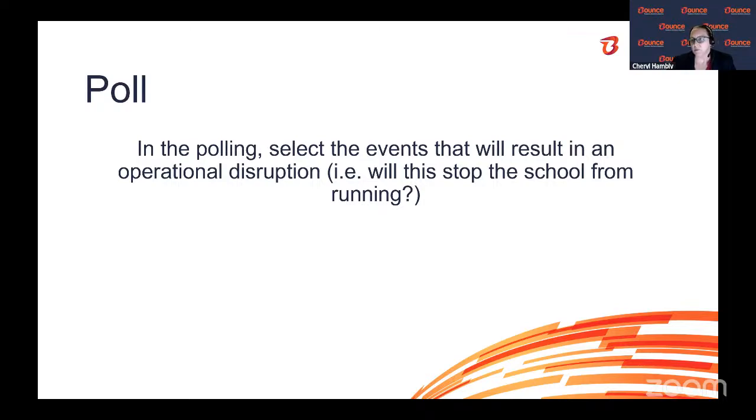So I'm just going to bring the poll up. So it should be coming up on the screen now. Work your way through each of those 5 as to whether it causes a disruption, whether it's business continuity or not business continuity. So tick the ones that are going to cause an operational disruption.